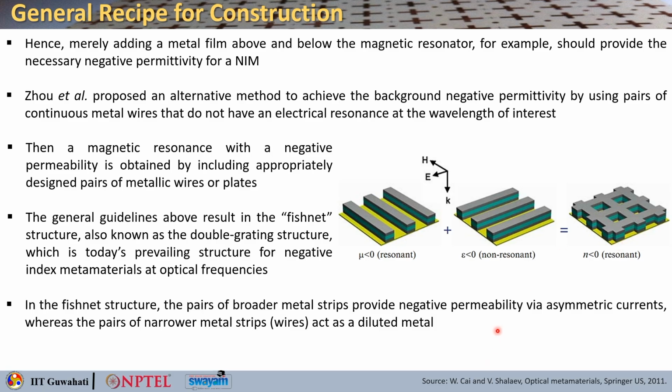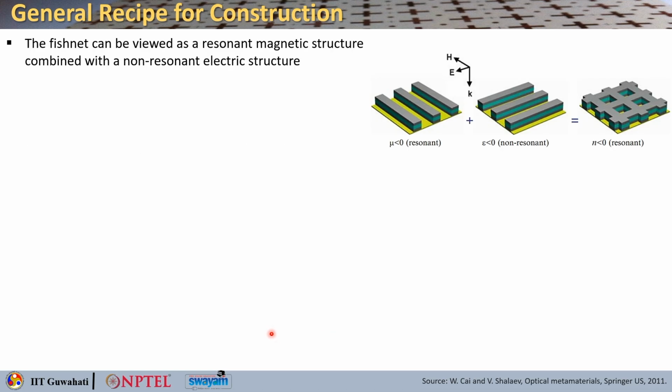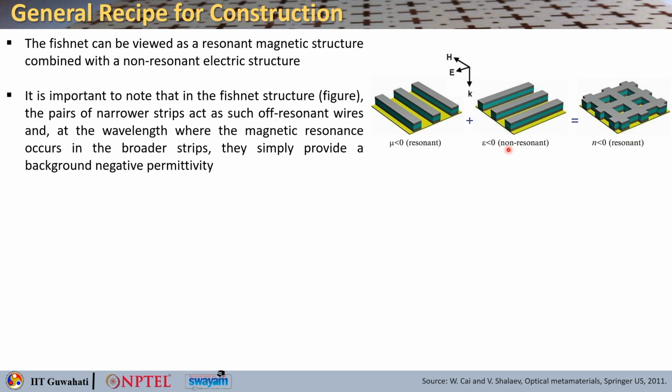Now, in the fishnet structure, the pairs of broader metallic strips provide the negative permittivity via asymmetric currents, whereas the pair of narrower metallic strips, that is wires, act as diluted metal. So, the fishnet behaves as a resonant magnetic structure combined with a non-resonant electric structure.